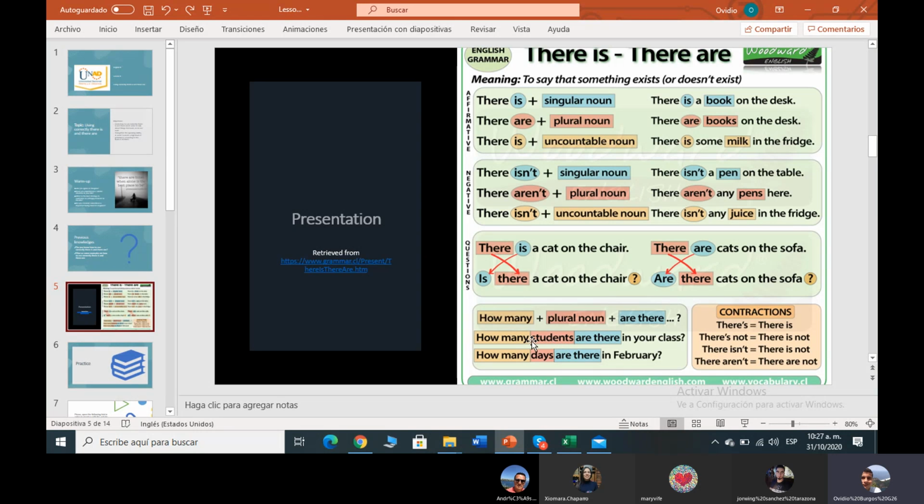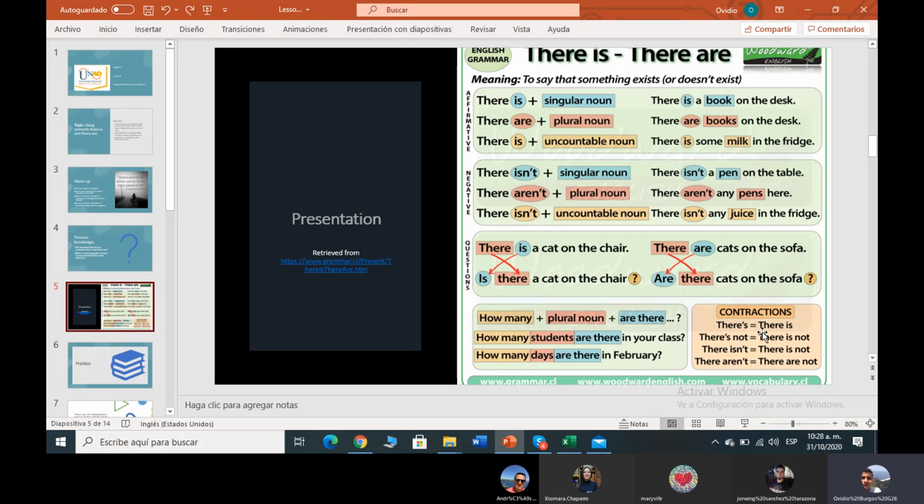Can we use the structure how many are students there? No, because these words have to be next to each other, okay? The correct structure is how many students are there in your class, or for example, how many days are there in February, okay?